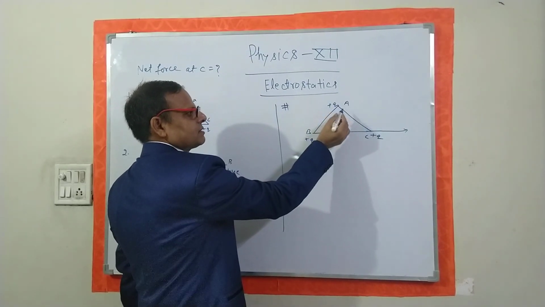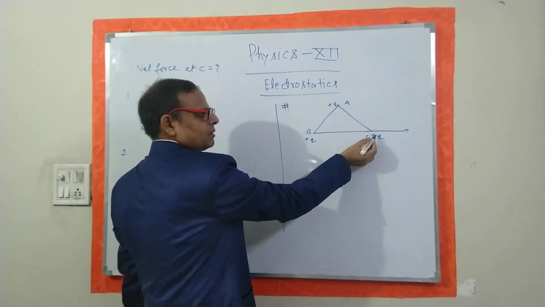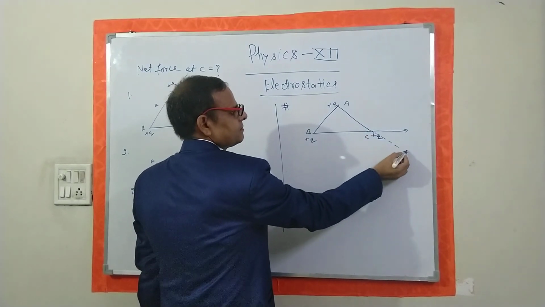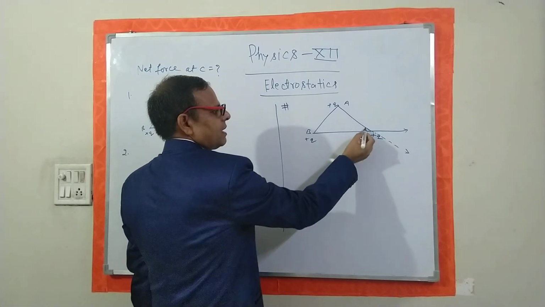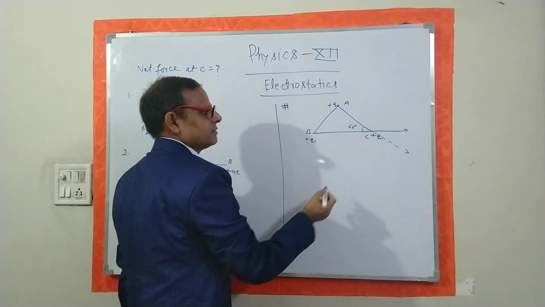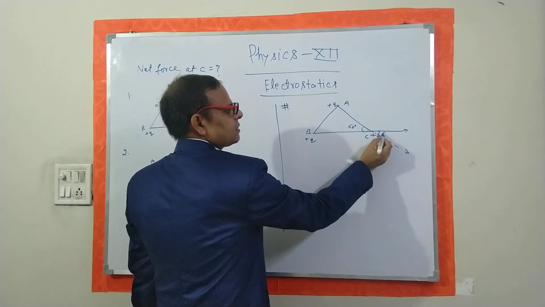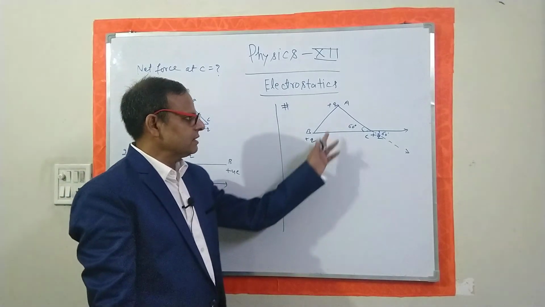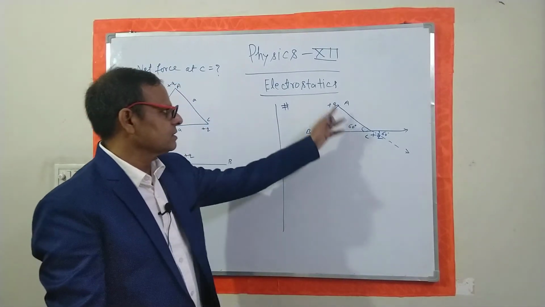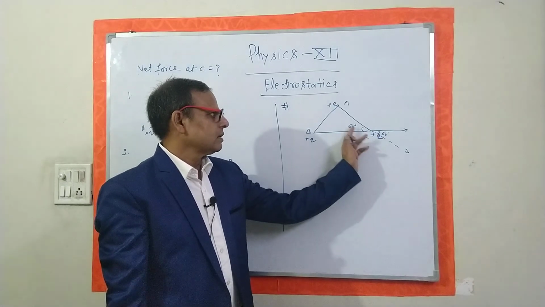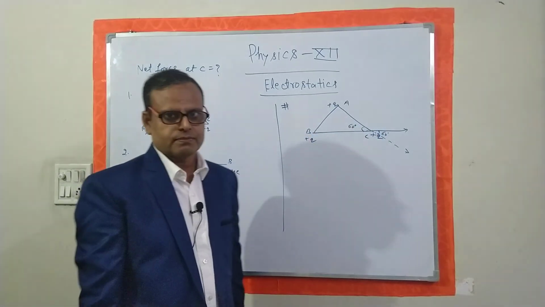Similarly, plus Q charge at A will repel plus Q charge at C like that. And this angle will be 60 degree. Again, it will be 60 degree. It is very clear because it is an equilateral triangle and the two such angles are equal.